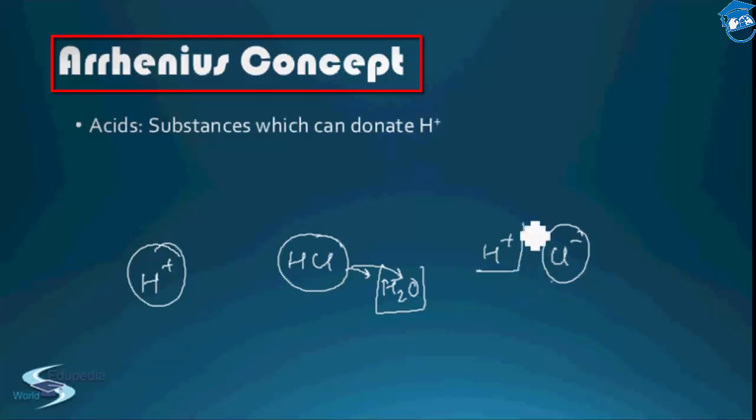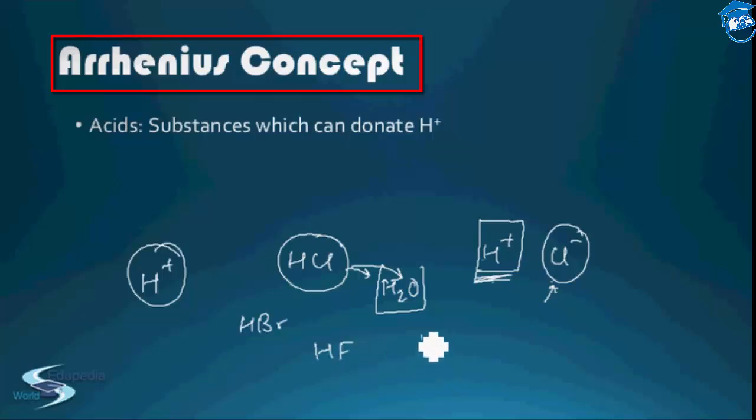Here I can see that the cation H positive is present and the anion Cl minus is coming from the rest of HCl. Since HCl has the ability to donate H positive in water, it can be called an acid. Likewise, we can have HBr, HF, they are all acids.